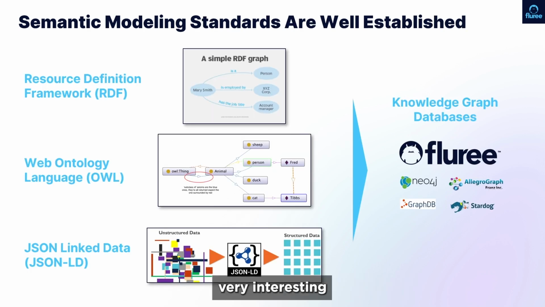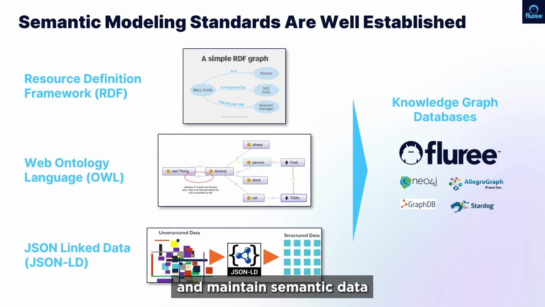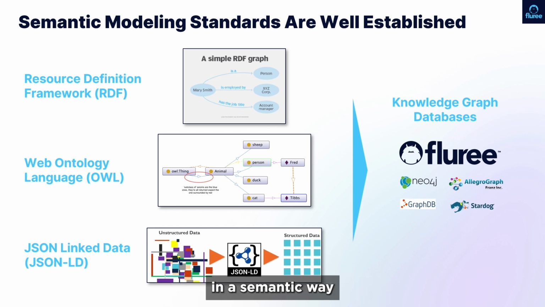Now, what's very interesting is that a lot of the standards and a lot of the best practices around how to create and model and manage and maintain semantic data are not necessarily new. So we've given a couple of examples here of different open source community-driven standards around creating and saving data in a semantic way such that different machines and users can interact with it.